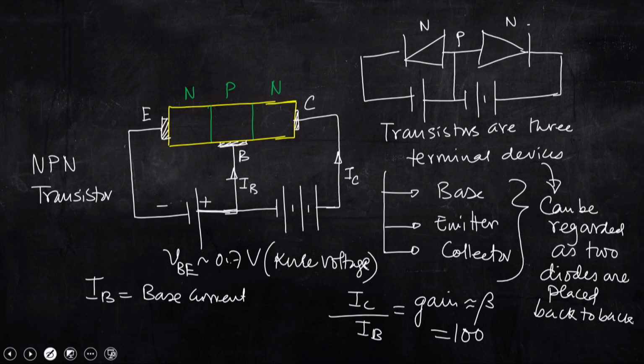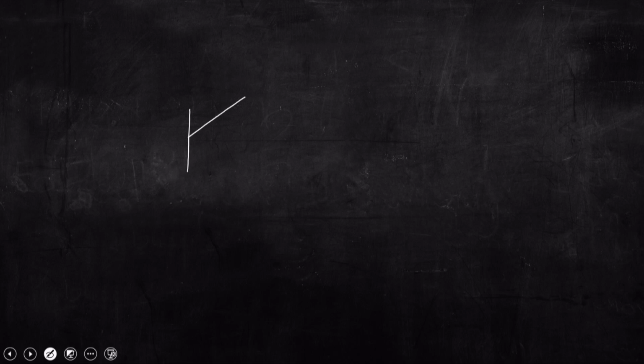So, if we try to draw this schematically, this is the emitter, this is C, the collector, and this is the base.